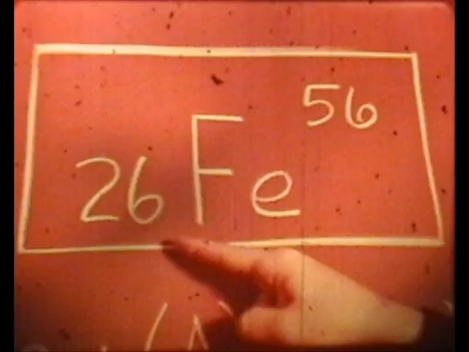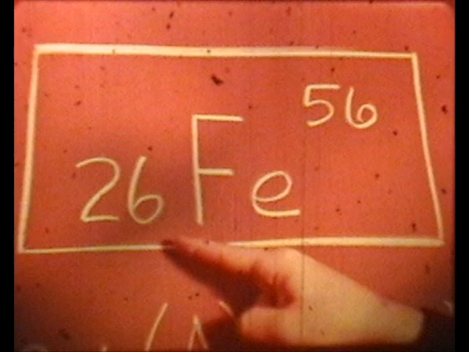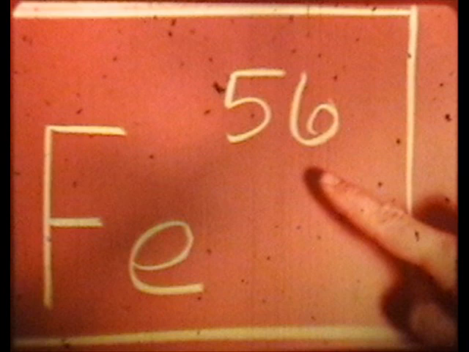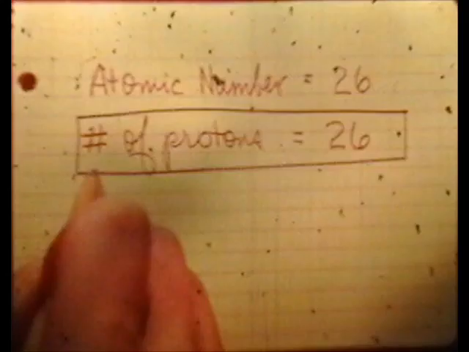Your answer to A, the atomic number, is the number in the lower left-hand corner of the isotopic symbol, or 26. Your answer to B, the mass number, is the number in the upper right-hand corner, or 56. How many protons? Well, the atomic number is equal to the number of protons, so there are 26 protons.